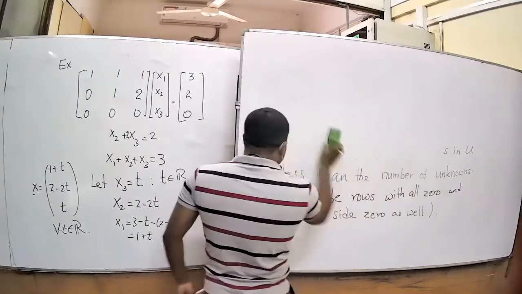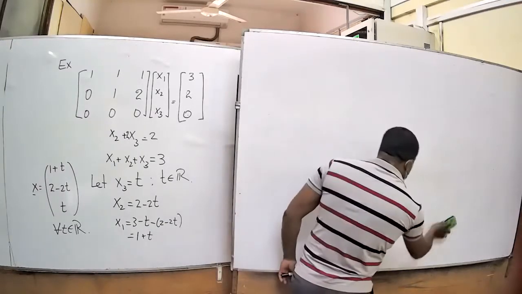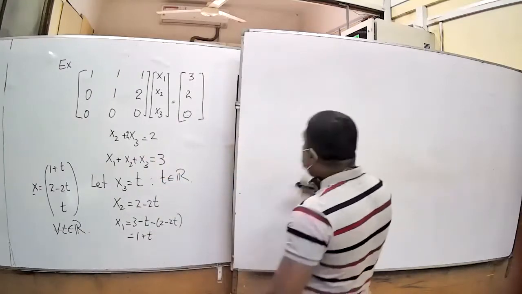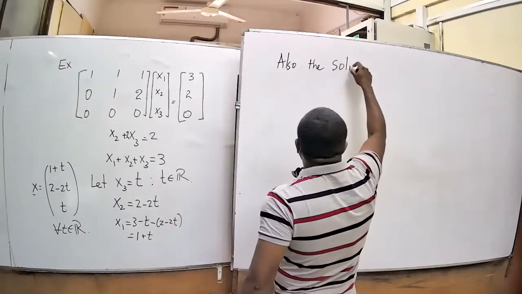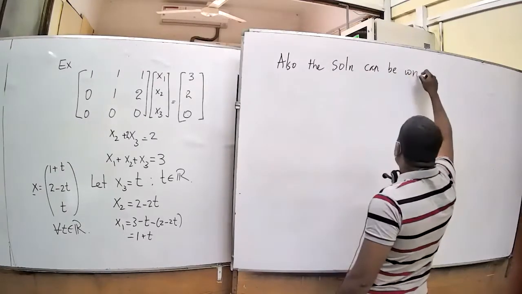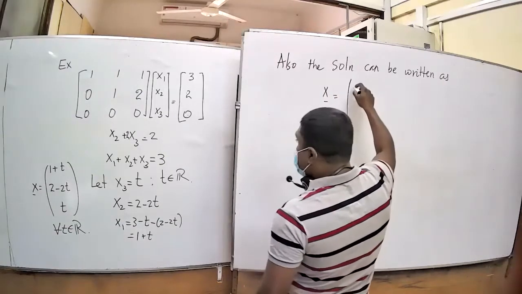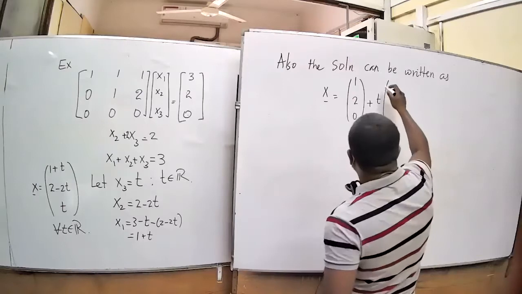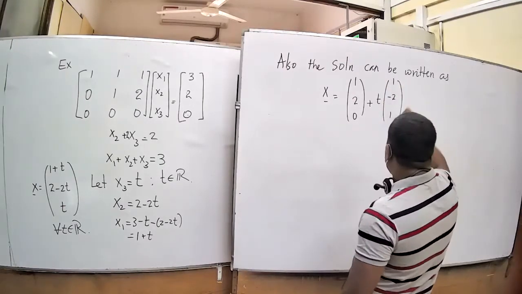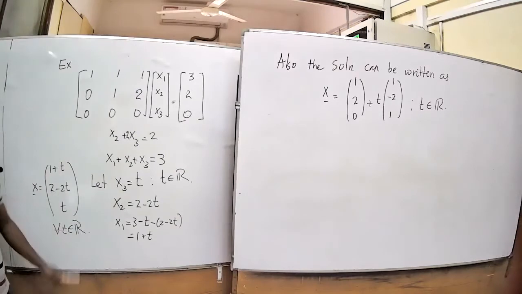So there is another way of writing this, right? So some people split the constant separately and t separately and write it like that also, right?